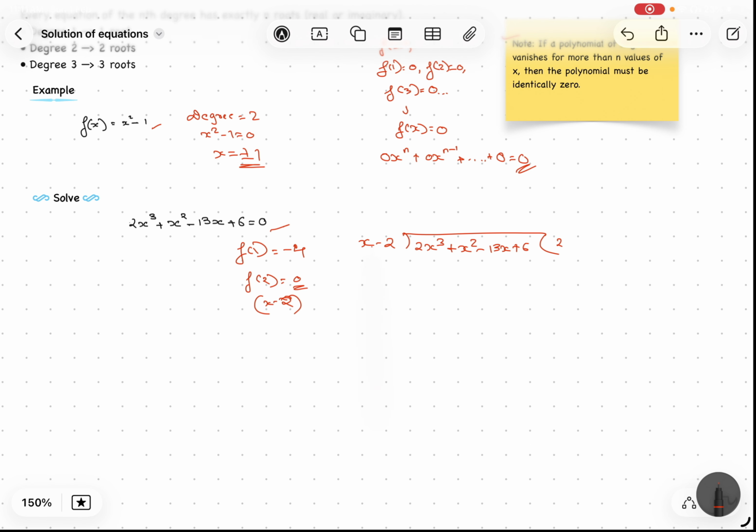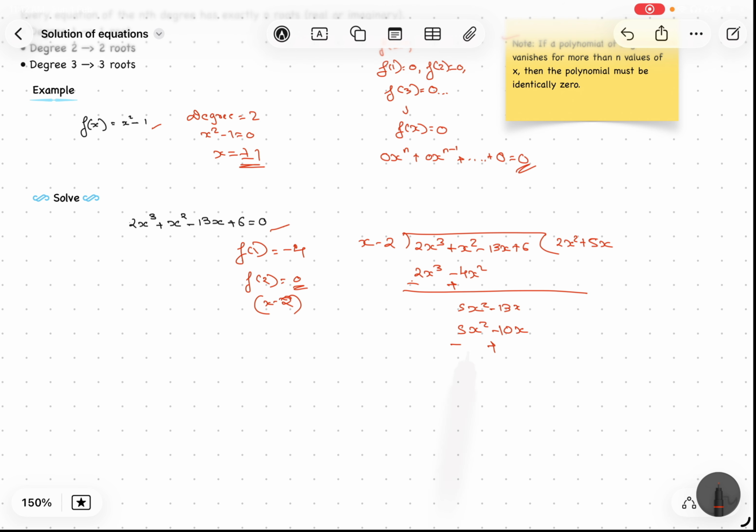So if x is multiplied by 2x square, we get 2x cube minus 4x square; changing the signs, we get 5x square minus 13x, pulling down the minus 13x. Now if I multiply by 5x, then I get 5x square minus 10x.